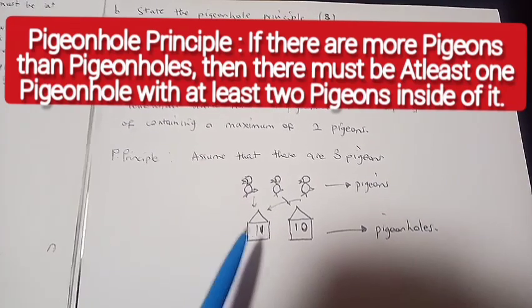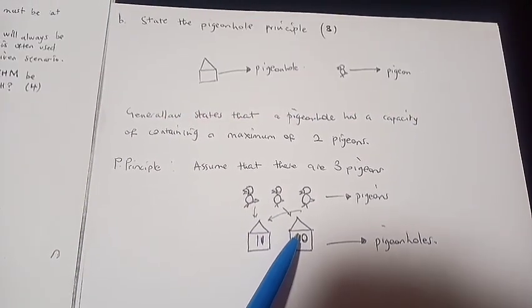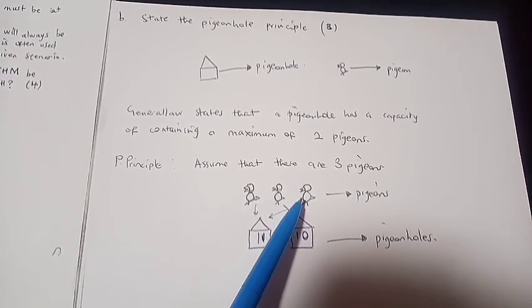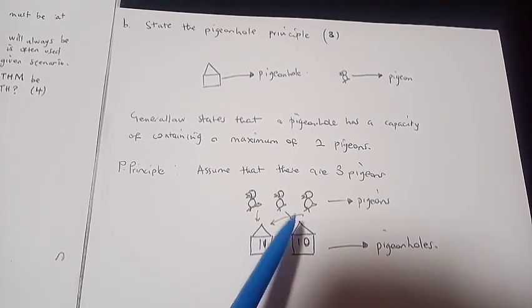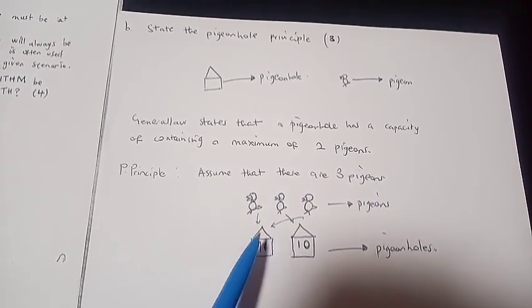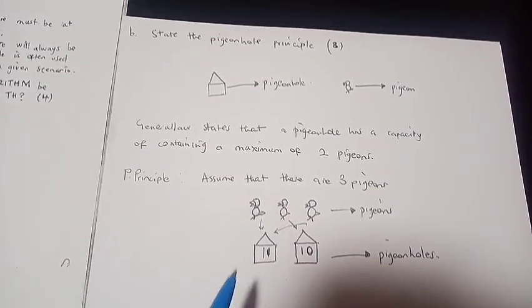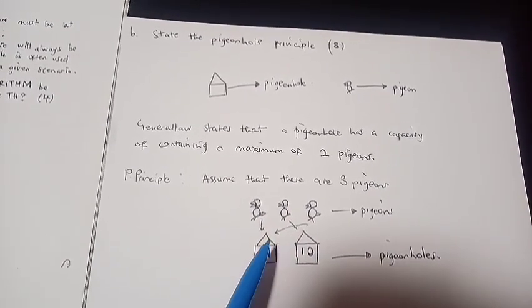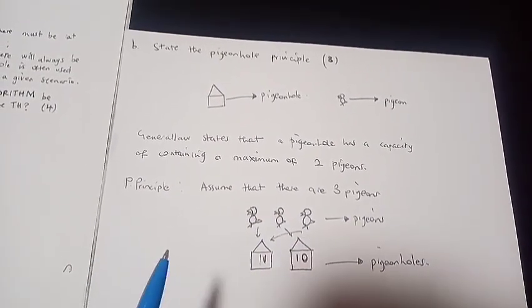Between these 2 pigeonholes, there must be at least one with more than 1 pigeon in it, since we have an extra pigeon that has no pigeonhole to occupy for itself. So we'll have 2 pigeons in 1 pigeonhole, and 1 pigeon in the other.